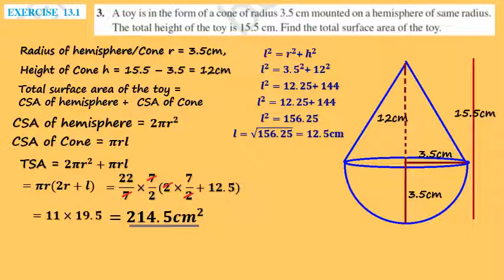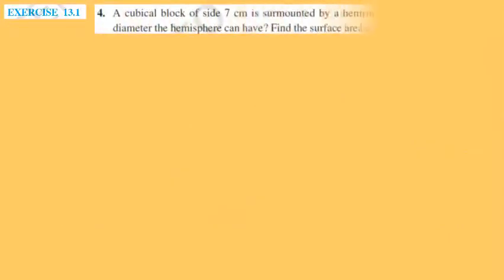Now let us move on to the next question. Question number 4. A cubical block of side 7 centimeter is surmounted by a hemisphere. Surmounted means it's put up, on top. What is the greatest diameter the hemisphere can have? So let us see.